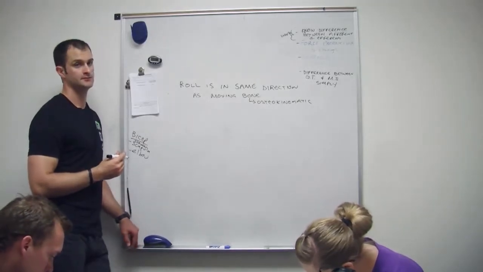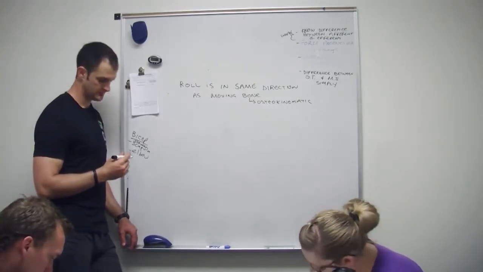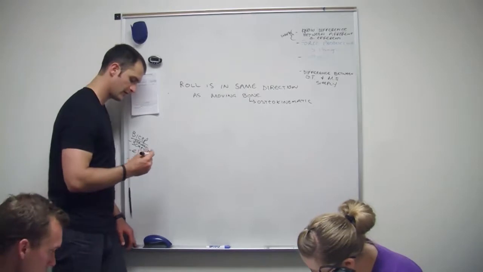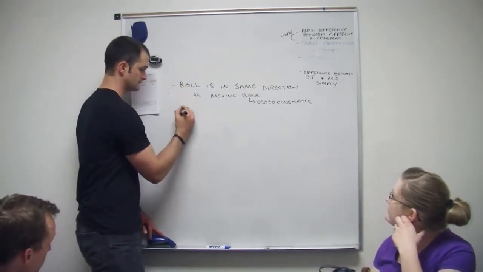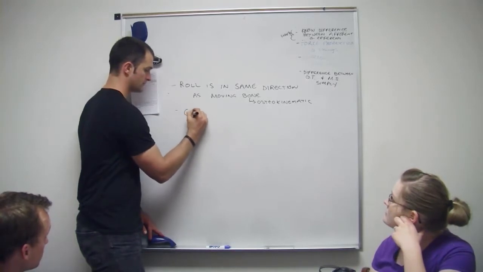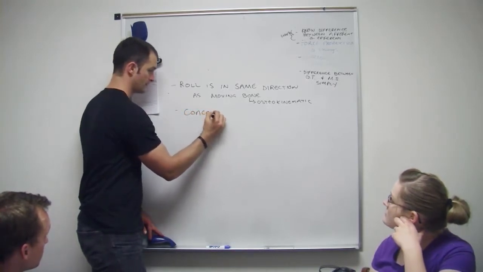And the next two deal with convex on concave and concave on convex. Convex will move, so concave is the same. Concave on convex: the slide and the glide are the same as the roll.